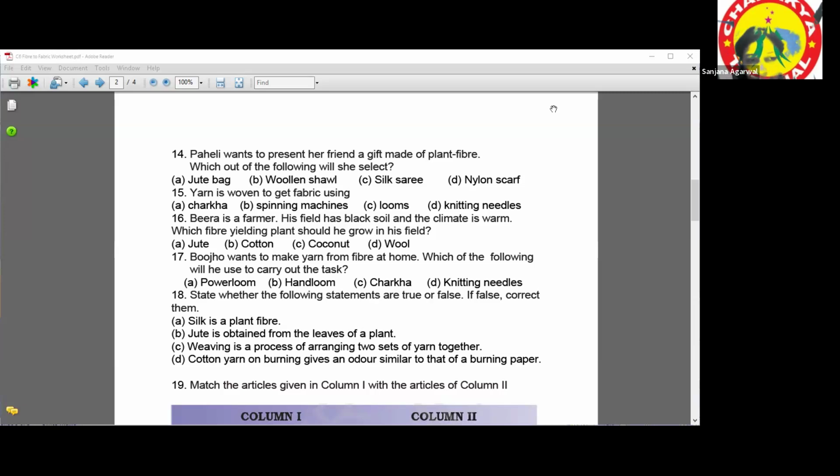Okay, Nishika, you only left C or D. C is weaving, process of arranging two sets of yarn together. Correct. Fine. Not much.